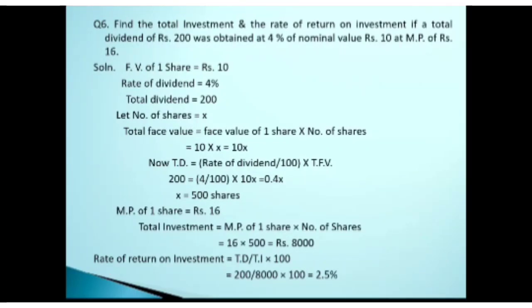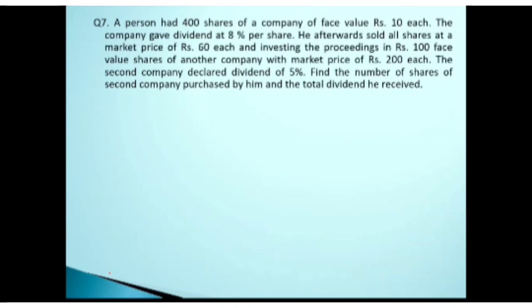One more question we're going to have now. This is a different question. Let us see whether you are able to solve it or not. So this is actually a big question. A person had 400 shares of a company of face value rupees 10 each, and that company is giving a dividend at the rate of 8 percent.